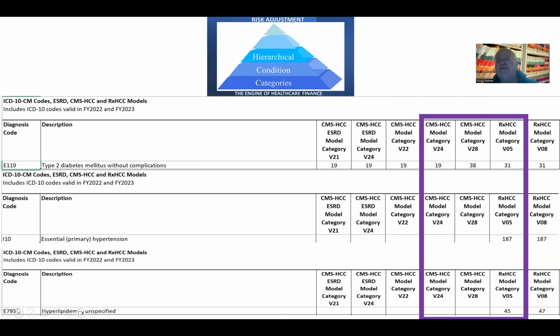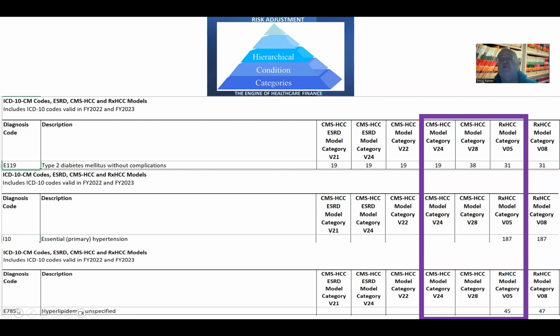We're not worried about V22, and I should have gone over to V08, so I apologize for that, but it doesn't matter because you'll see, although in the bottom one the RxHCC number is different, in either V05 or V08, each of these qualifies for an RxHCC. So the only condition that we have that is an HCC is E11.9.